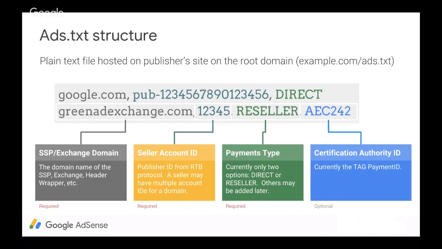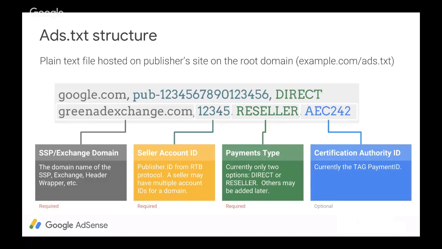And what does this file include? What is the information provided in this file? For each SSP or exchange or network that you work with, the file includes one line, including 4 fields of data. 3 of them are mandatory and 1 of them is optional.